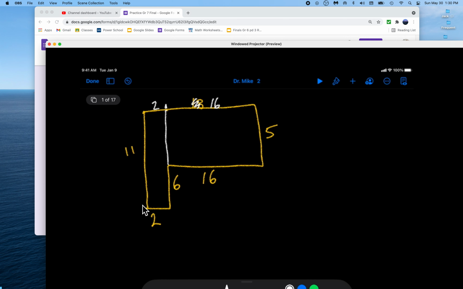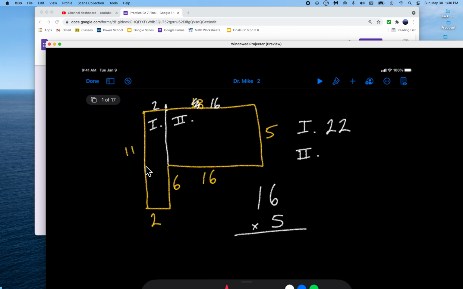Do we have enough for the two rectangles? Roman numeral 1 is going to be 2 times 11, which is 22. Roman numeral 2 is going to be 16 times 5. Folks, let me show you how I multiply 16 times 5 in my head.